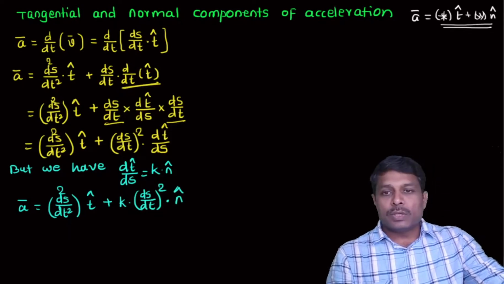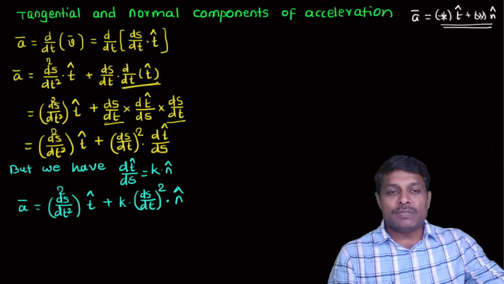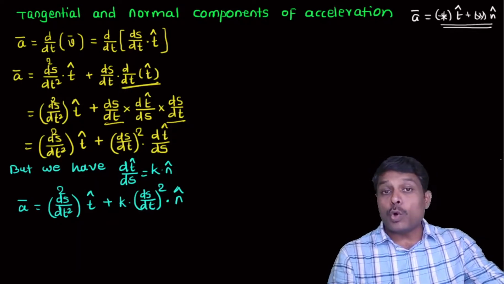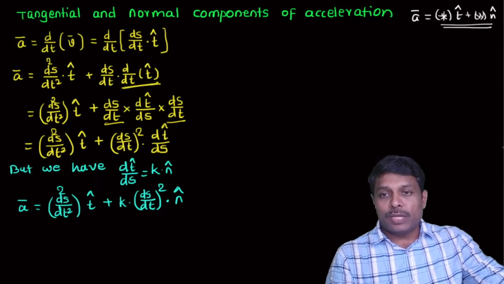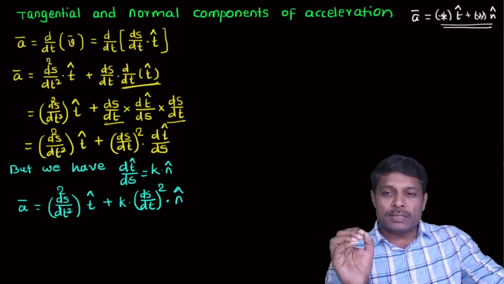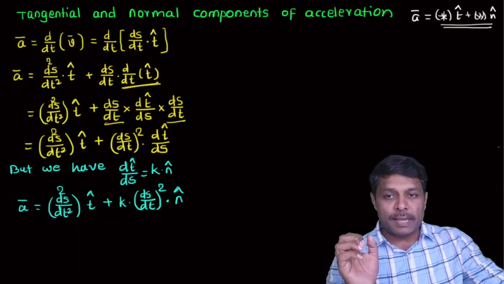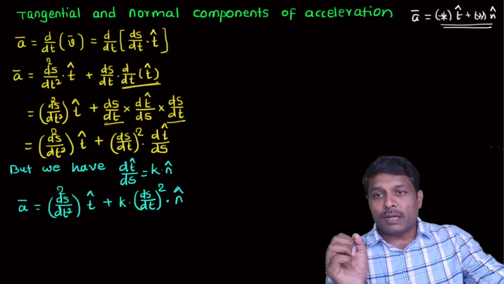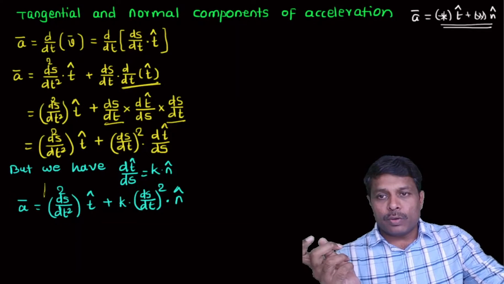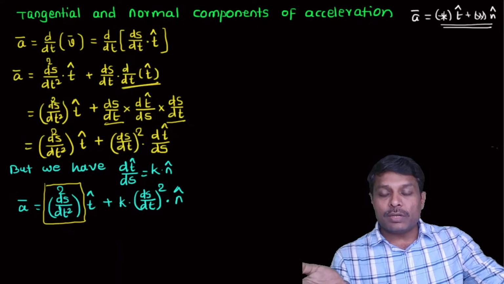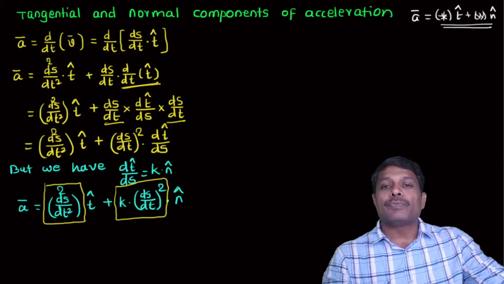Here k is the curvature. You know the relation between curvature and radius of curvature, so you may keep k as it is, or instead of k you may write 1 upon rho, where rho is the radius of curvature. So I have written a bar in terms of t cap and n cap, and as per our previous discussion, the coefficient of t cap is the tangential component of acceleration and the coefficient of n cap is the normal component.